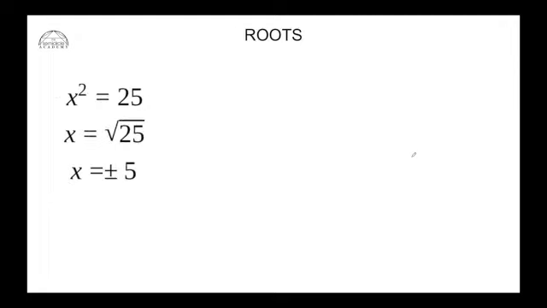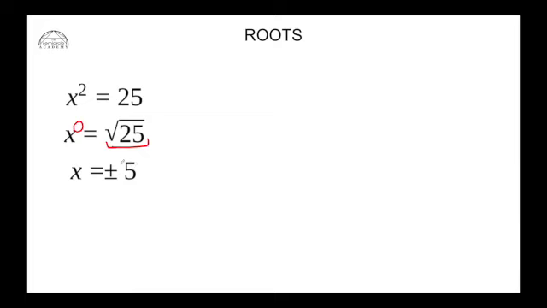Good job. Now this was another one that we spent time on. We were saying here, remember, that x squared is 25, meaning if you remove the square, you have to put a square root sign on the other side. So x is equal to the square root of 25. I'm not sure if Ariel and Shazay were here for this class. But we saw that for the square root of 25, a lot of you thought it was just 5.